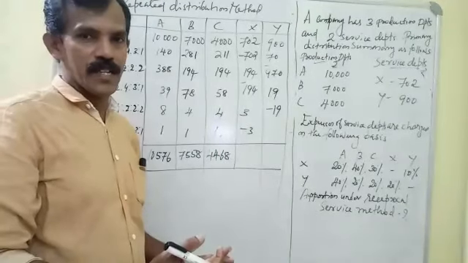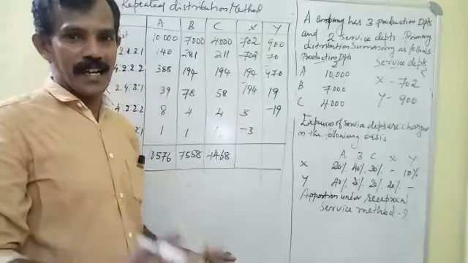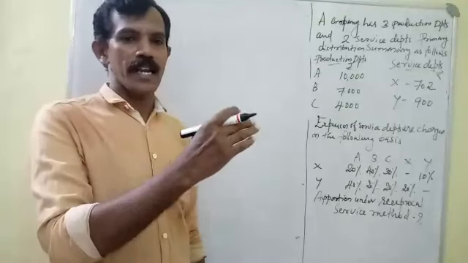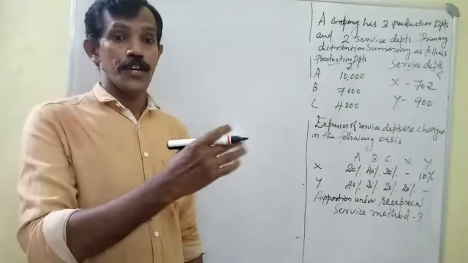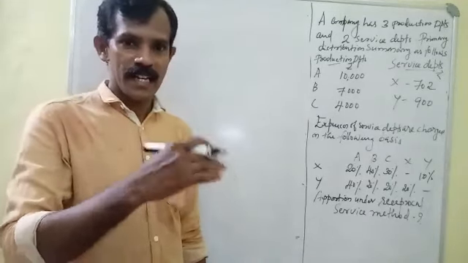Our next method under the reciprocal service method is the trial and error method. In case of the trial and error method, we find out the total overhead of X and Y by trial and error.